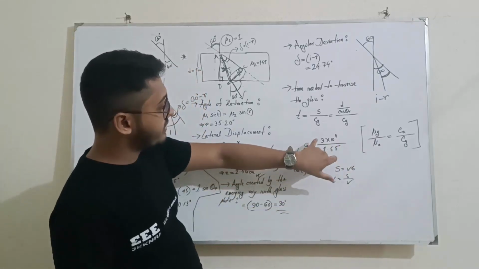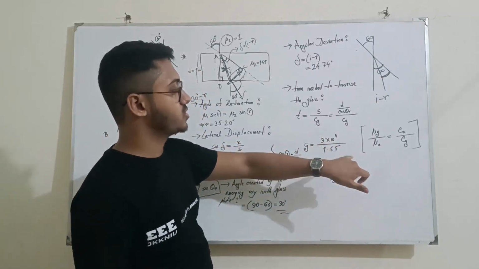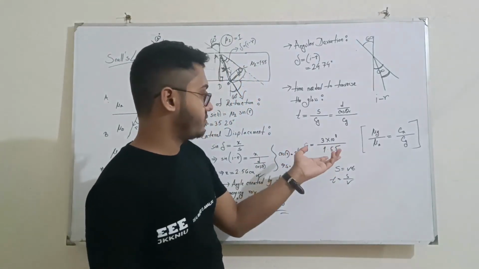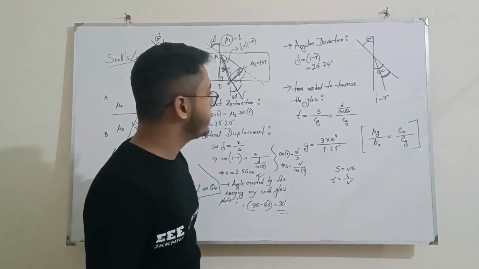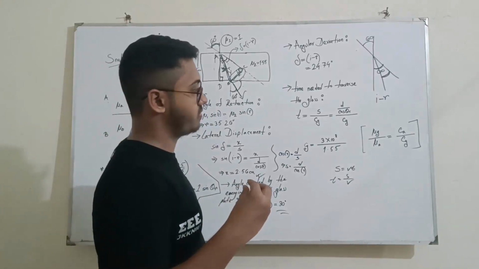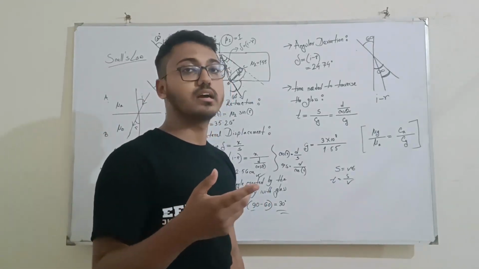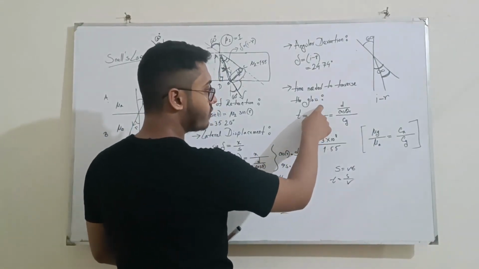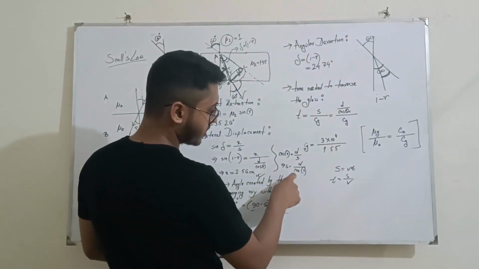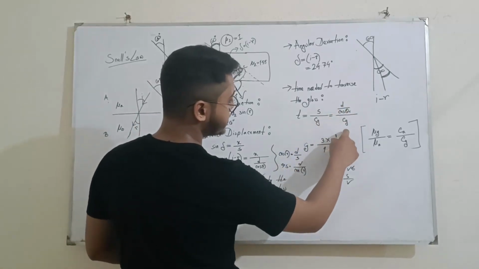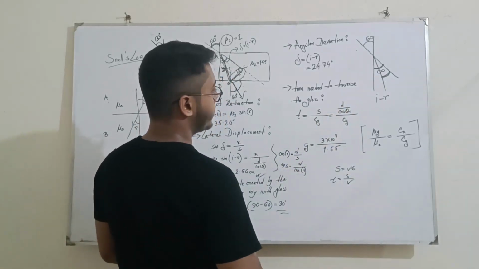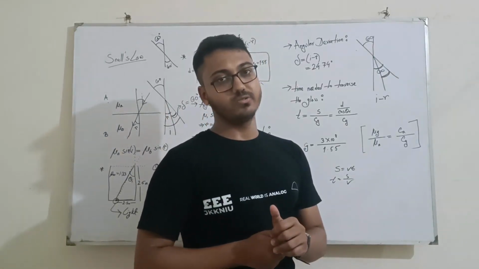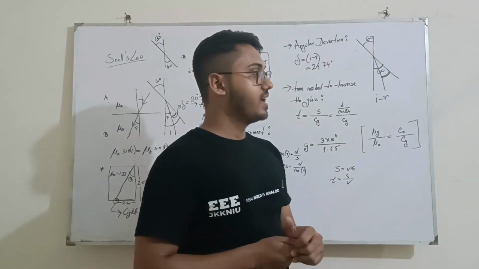In that way, if we divide the velocity of light in the air medium, that is 3 into 10 to the power 8, by the refractive index of glass medium, we will have the velocity of light in the glass medium. Now if we put the value of s and the velocity in glass, we got the value of s from here. s is equal to d by cos theta r. So d by cos theta r, and the velocity in glass will have the value. Okay, sorry, I have not written the value. You can find the value since we are too smart.